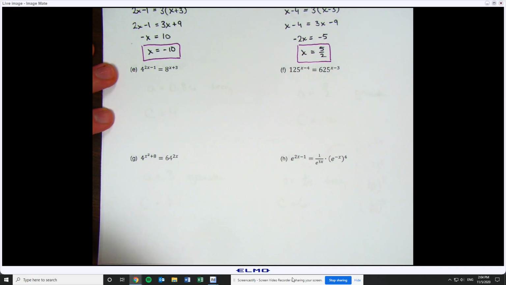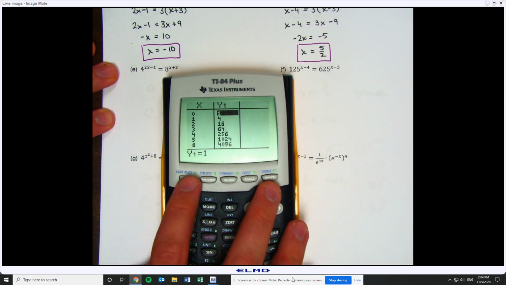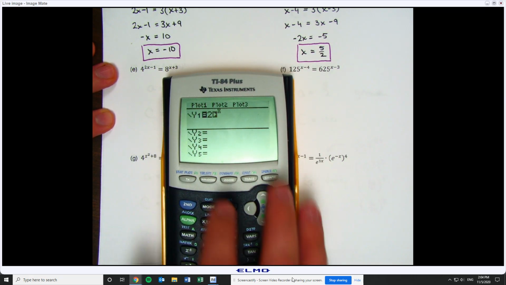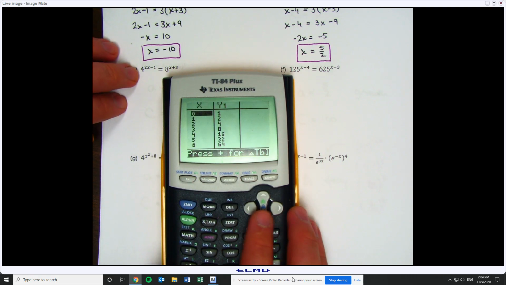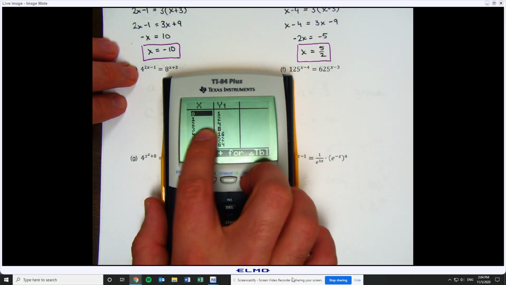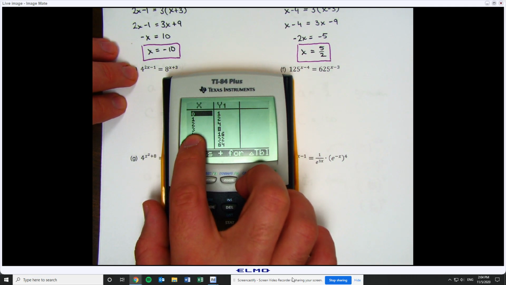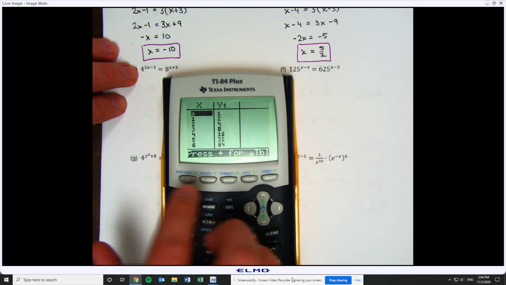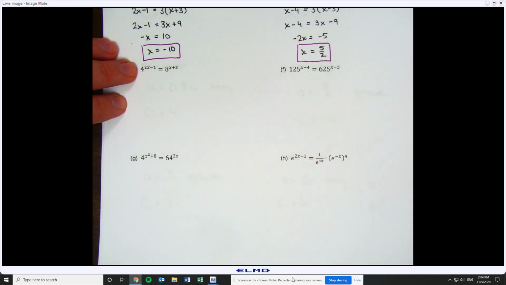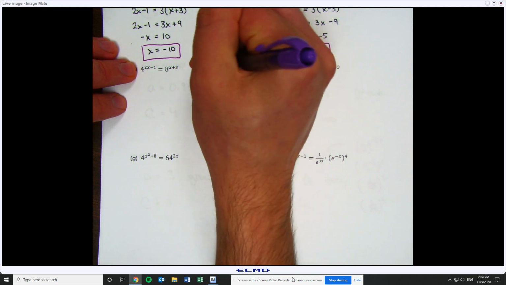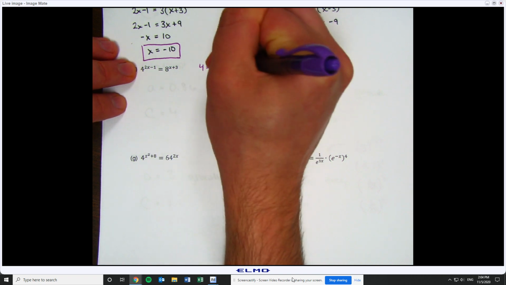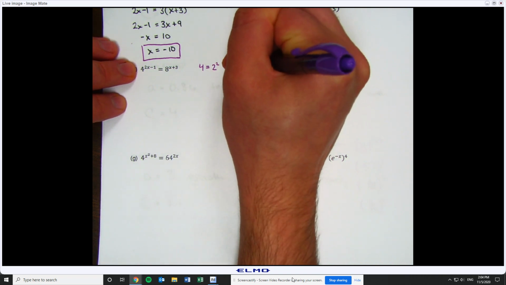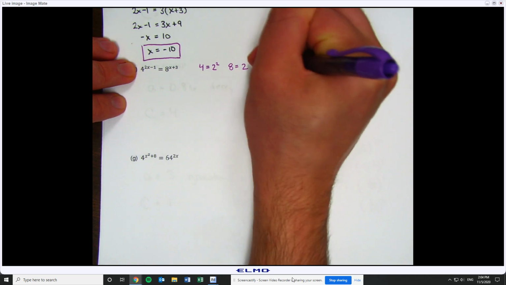That is what I'm going to try for my base. So right here, I'll change that to base 2. Now I'm going to look. 4 shows up and 8 shows up. So I can change both of them to be base 2. So I know 4 is equal to 2 to the second power, and 8 is 2 to the third power.